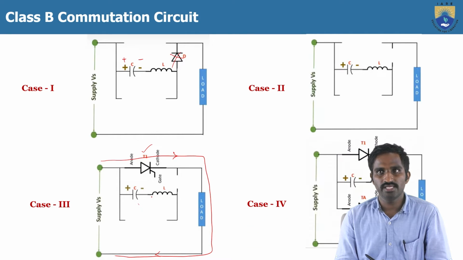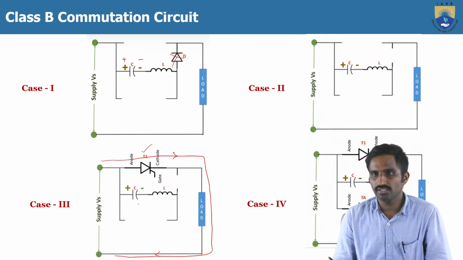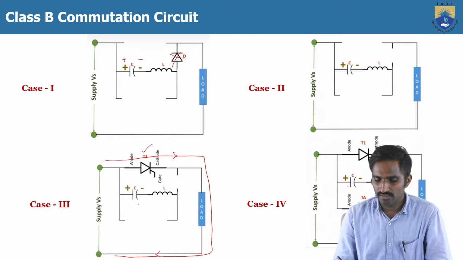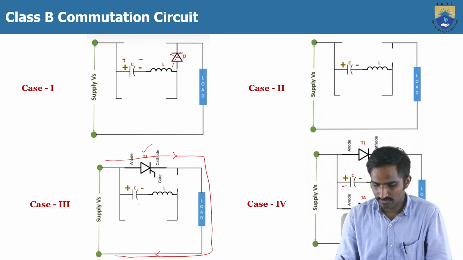And then in the next case, again we are going to turn on the thyristor T2, which means TA, by giving the gate signal. So now there is a path to discharge the capacitor, and in this way it will get discharged.